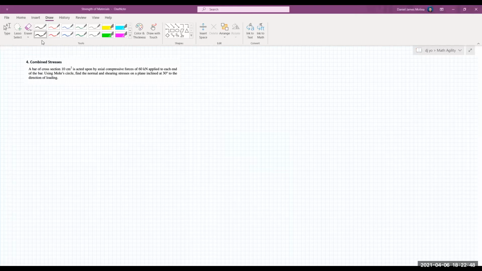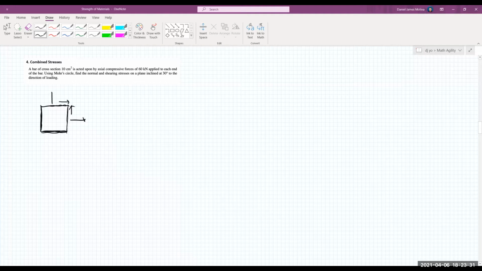So before we try to draw the Mohr circle, we must draw a differential volume, and then we will label their normal and shearing stresses for us to easily solve the given problem using Mohr circle. So it's like a preparatory figure for Mohr circle. We have a differential element here, and then we have normal stresses along the x and y, and then we have, of course, a shear stress that is parallel to the given planes.